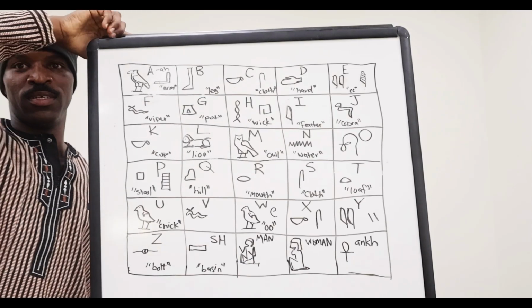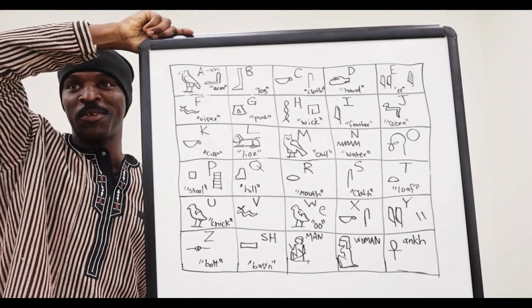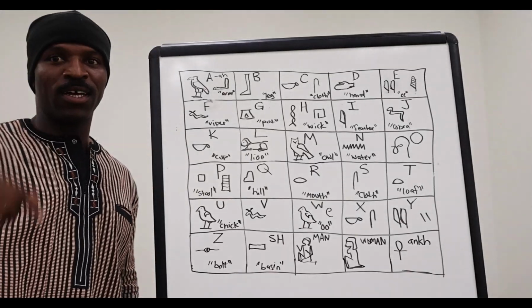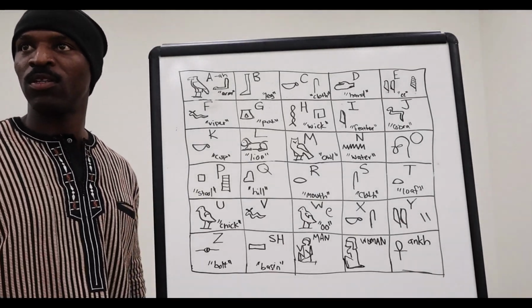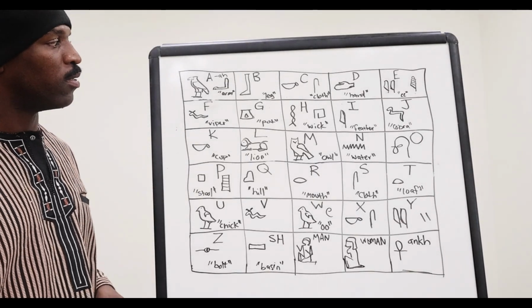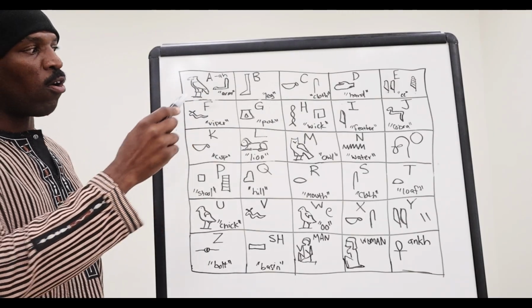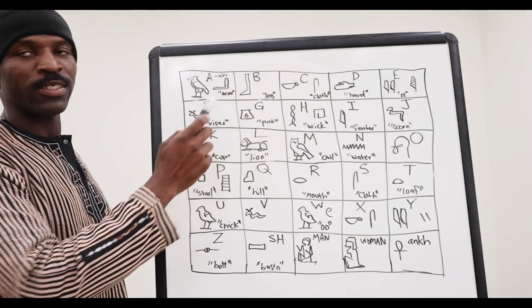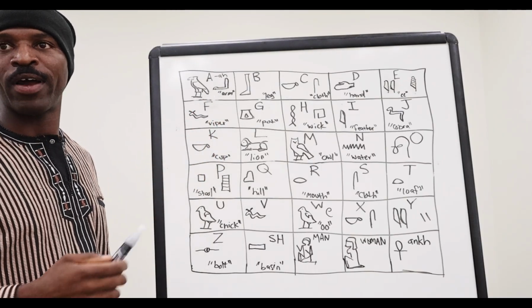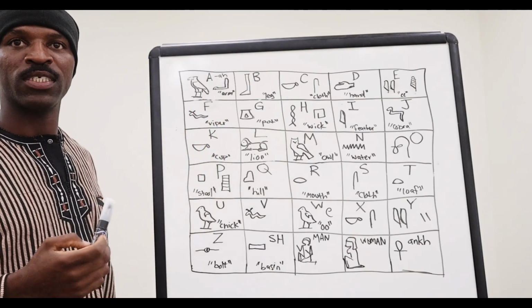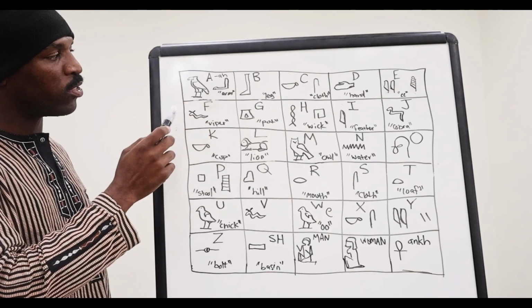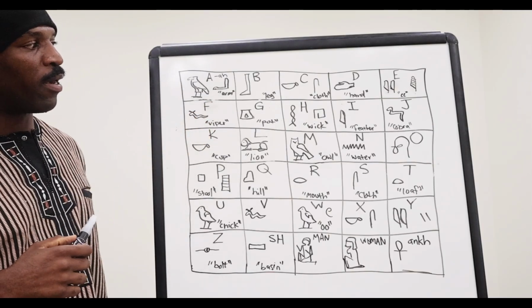So using these, you'll be able to spell your name, you can write things, you know. And they also have some of the logogrammic meanings with it too. All right, this can be written certain ways. The arm, you can see an arm here, so you can write that to actually mean an arm, or you can write that to represent the sound. This is a vulture here, also represents a sound, right?